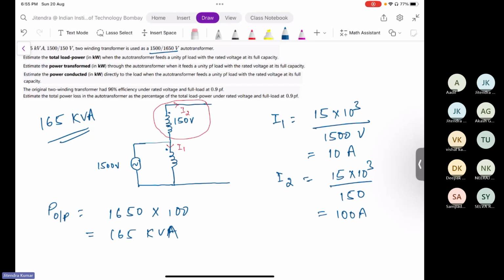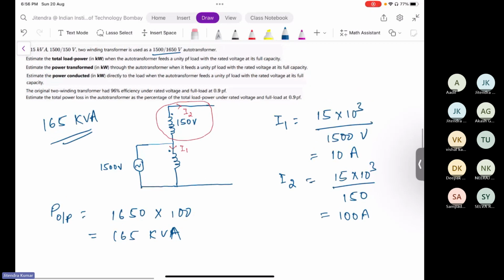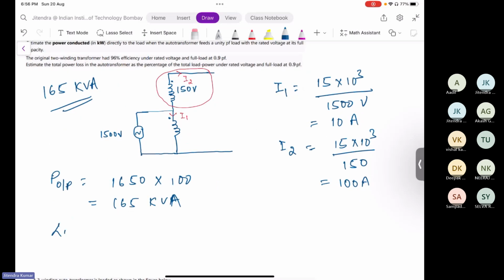So the two winding transformer has an efficiency of 96% and 0.9 power factor. If you are shifting from the two winding transformer to the auto transformer and all the current ratings and voltage ratings are the same, it means losses are the same.